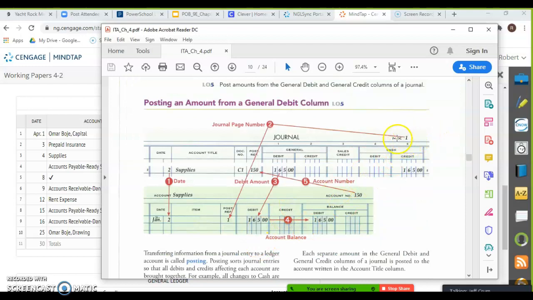So it shows, we had to do page 1 from our journal from last week. When we filled out that bottom part of the journal, page 1 up here goes on your ledgers.